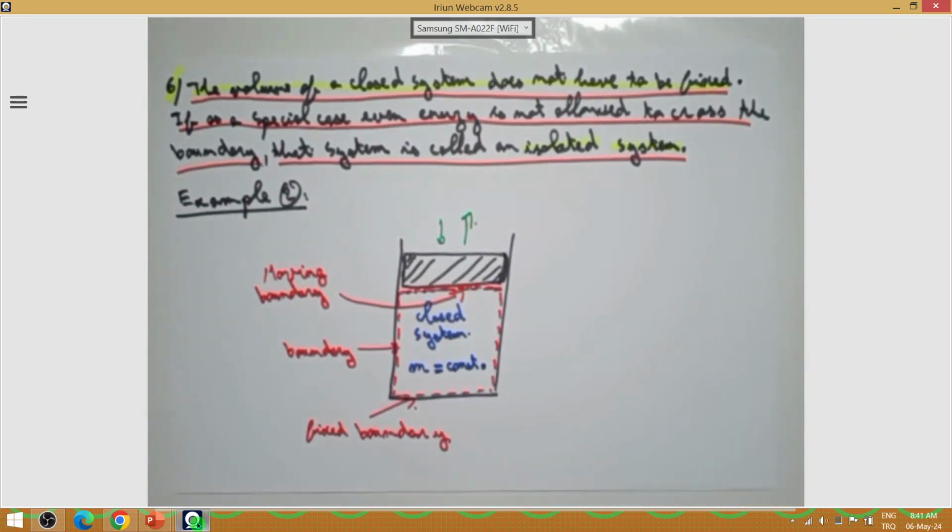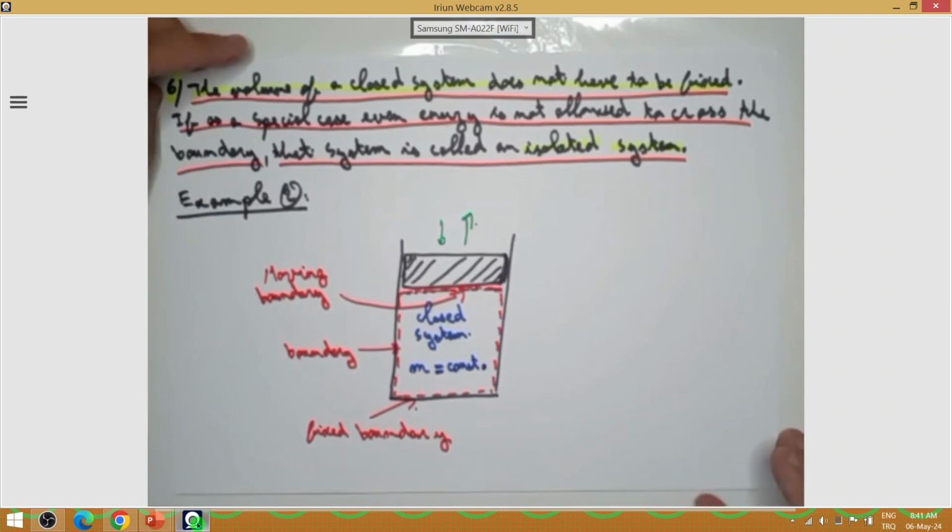Also, since we are speaking about a closed system, we just said that in a closed system, mass cannot go in or out. So we don't have any mass flow when we are speaking about a closed system.